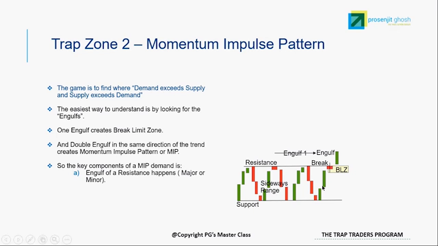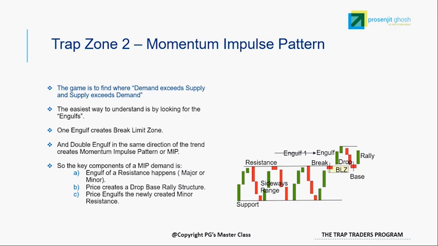Followed by that, after creating the engulf of the resistance, price will create a drop base rally structure. So this is the second component which we can find in a momentum impulse pattern.